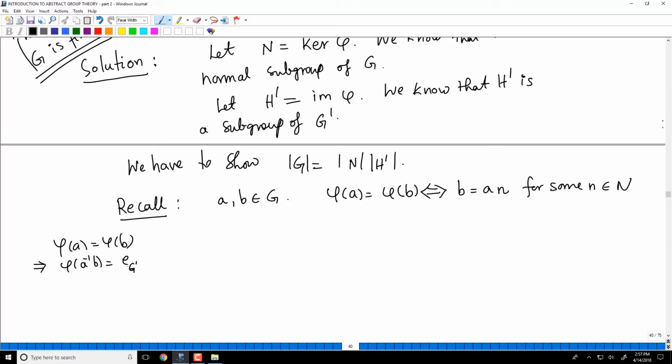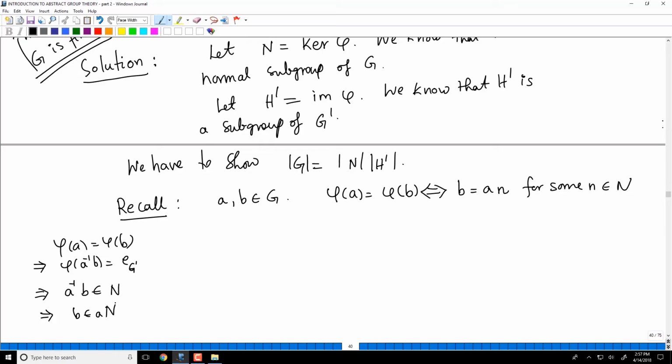So these are inverses of each other, and multiplying them you get the identity element of G prime. I have done many examples of this, so I am not going to write down the details. But if A inverse B goes to e of G prime, by definition A inverse B belongs to N. That means B belongs to AN. This is exactly the statement.